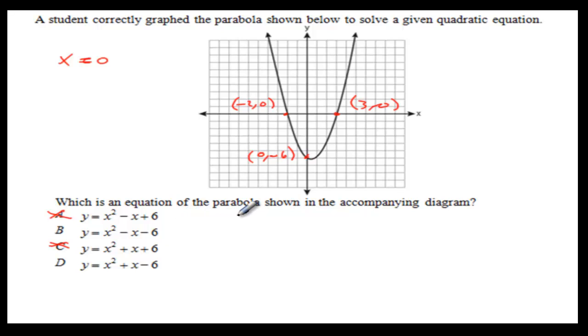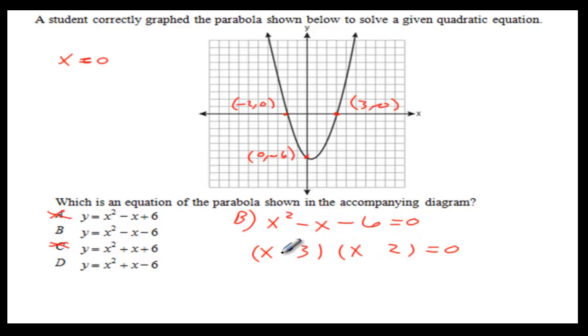Let's do choice B. Choice B, you have x squared minus x minus 6 equals 0. As you know, this is a quadratic equation, so we can factor it. You're looking for two numbers that multiply to negative 6 and sum to negative 1. In this case, I see 2 and 3.